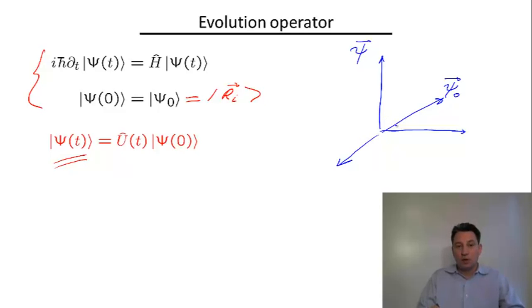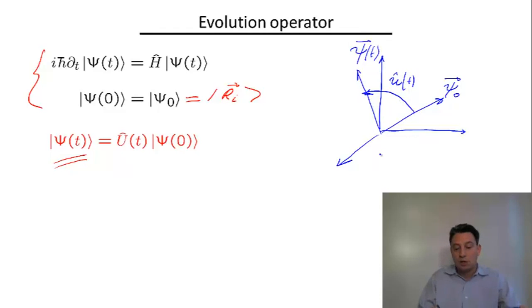So the norm of this vector should be preserved as we perform a quantum evolution. In some sense, the only thing we can imagine this vector doing as a function of time under the action of the Schrödinger equation is rotating by some angle to a new state psi of t. And the operator which enforces this rotation is exactly this evolution operator.